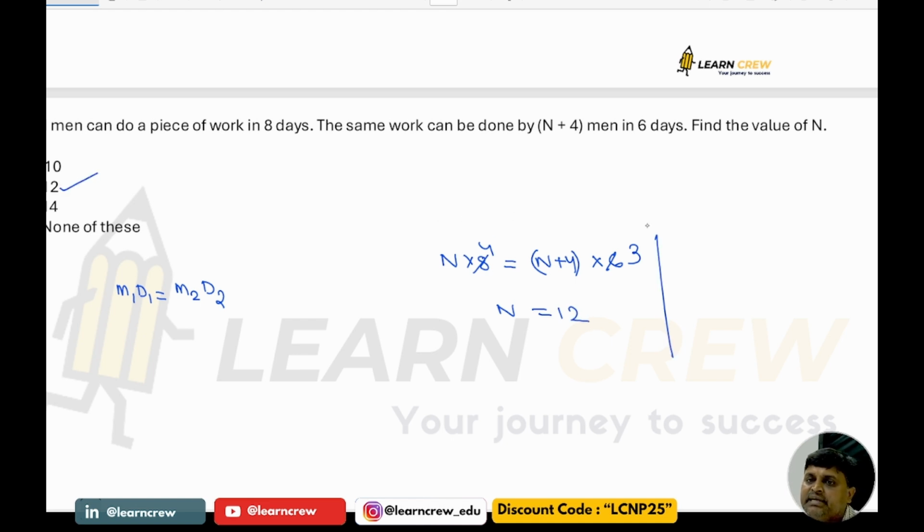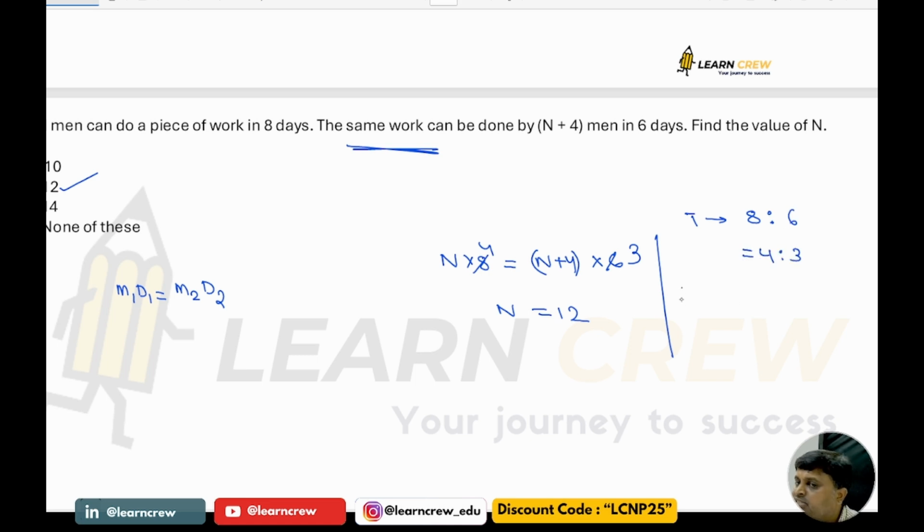Please understand here, without doing all these things, what is given here? Same work. When the work is same, efficiency and time are inversely proportional. So here times ratio is given. Time taken by first person and time taken by second person are in the ratio 8:6, means 4:3.